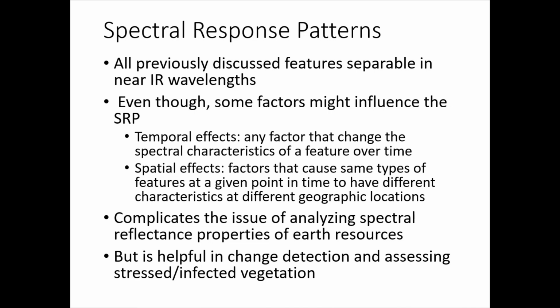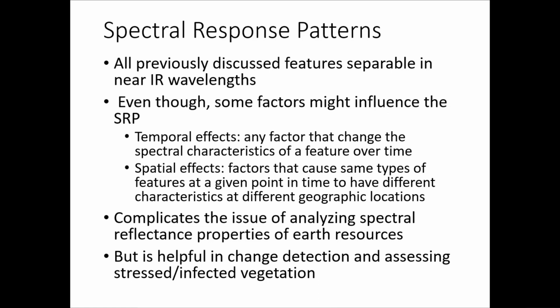So using those spatial effects, at the same time, on the same day, you are observing the same feature at two geographic locations, and you will be able to compare its spectral reflectance pattern and identify what is happening to a particular feature. So temporal and spatial effects like this will be helpful in change detection and assessing stressed or infected vegetation.